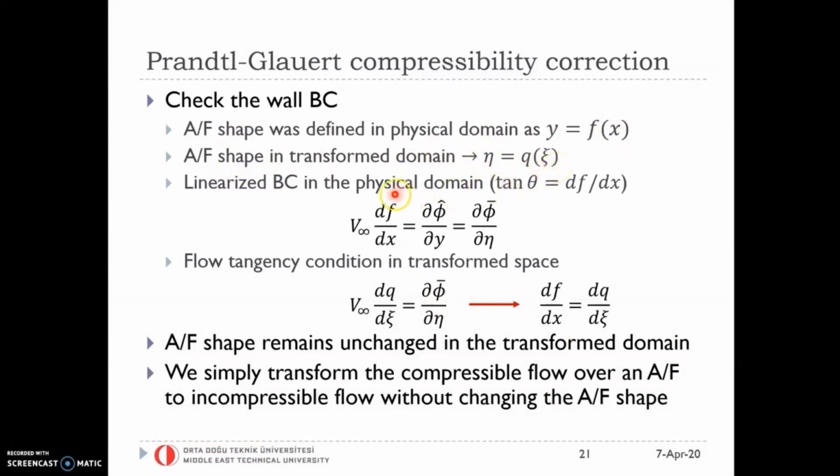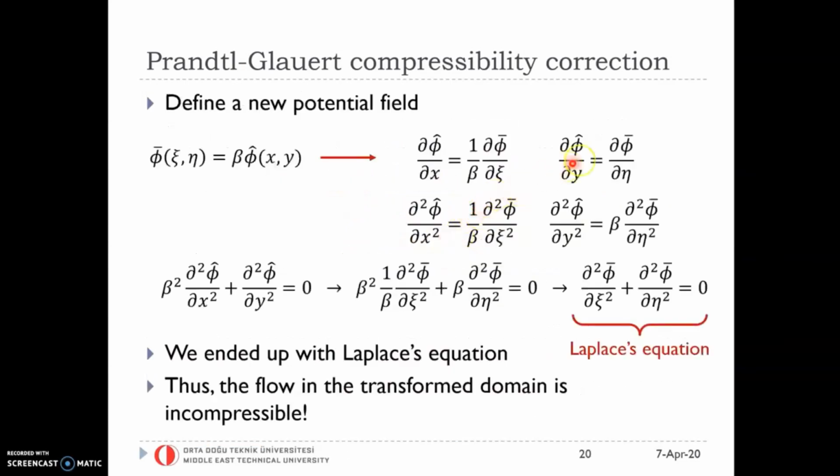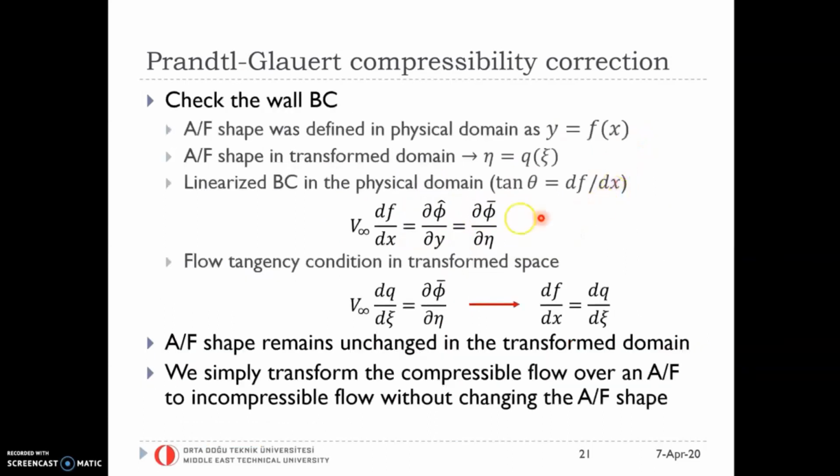The linearized boundary condition, which you may remember we looked at previously, in the physical domain is defined as tangent theta equals df over dx, and V infinity times df over dx, which, as you may remember from the previous slides, is d phi hat over dy. We also got the relation d phi hat over dy equals d phi bar over d eta, which means that in the transform domain it corresponds to this.